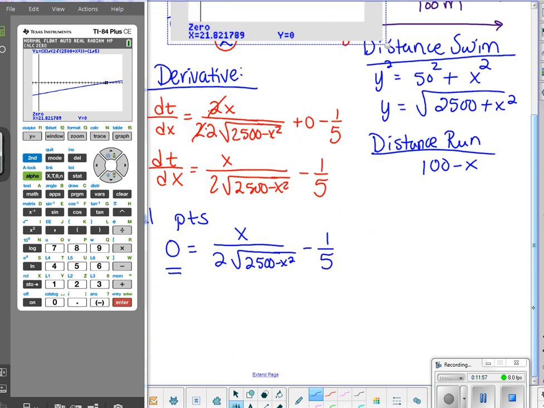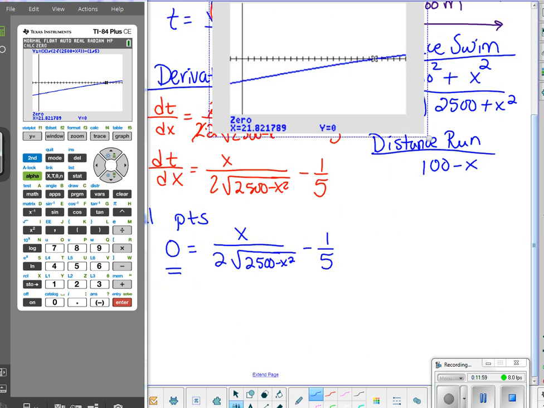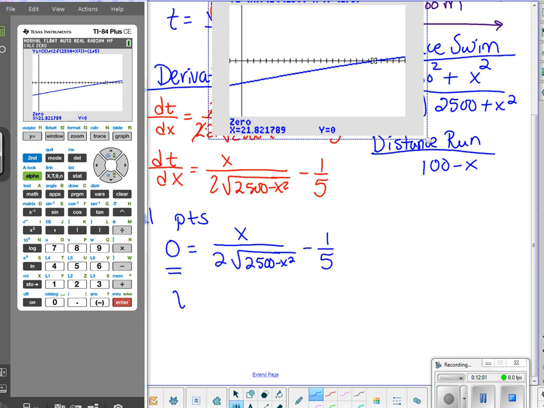My critical point is occurring at x equals 21.822. And that, I think, will answer the question: toward what point on the opposite side of the river should Jill swim in order to minimize her total time?